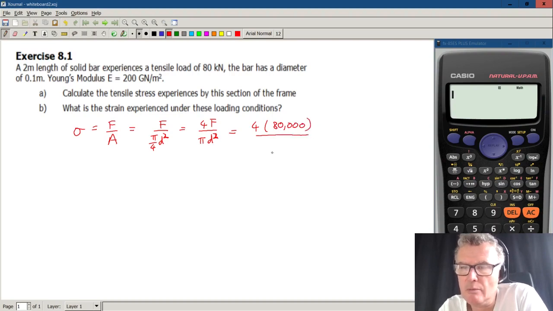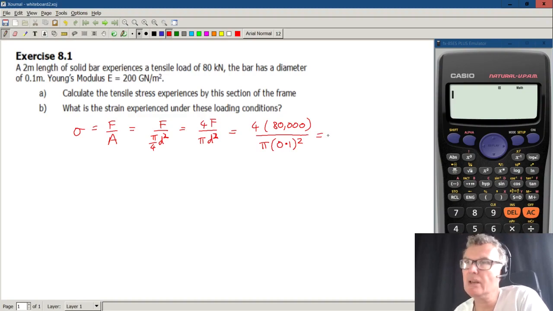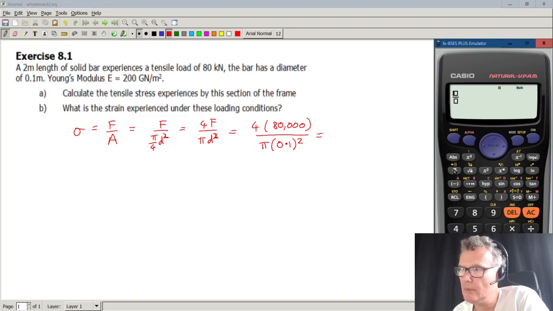And pi. Here we're already in meters, so let's keep it in meters. We want to square that. So that's the calculation that we want to put into our calculator. So I will use my nice fraction tool there.